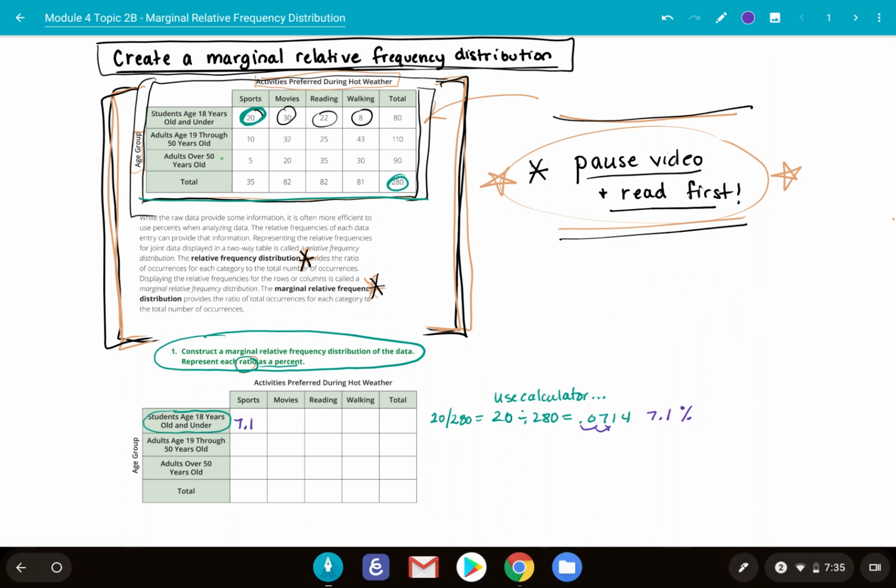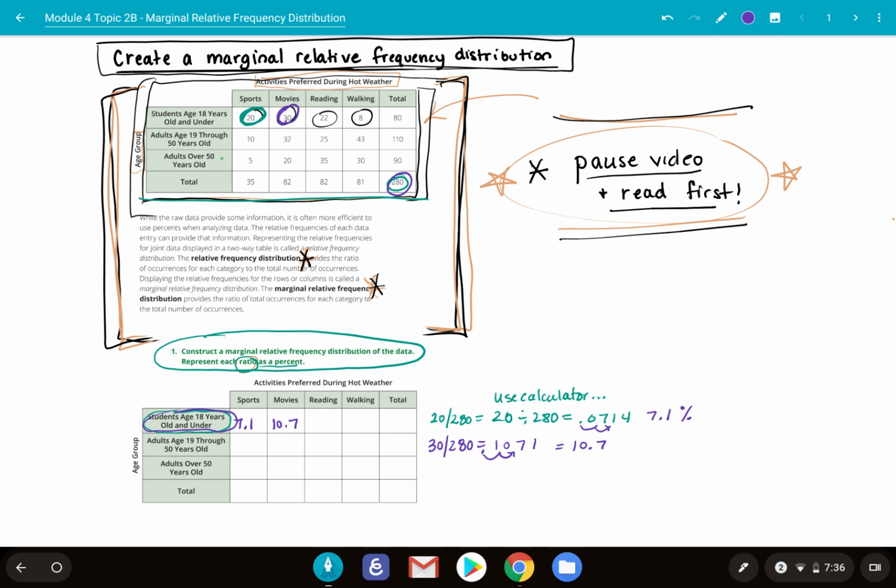And we'll just continue this process for all of our students age 18 and under. So for the movies, it was 30 out of 280. And once again, just use your calculator. 30 divided by 280 is 0.1071. And if I move 2 spaces to the right, that's going to be 10.7%.